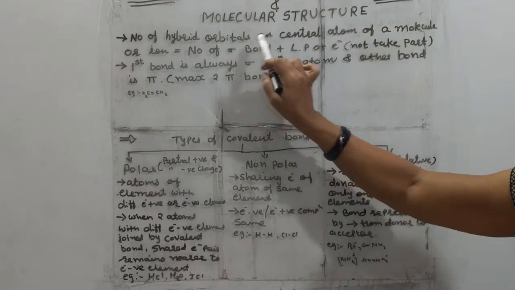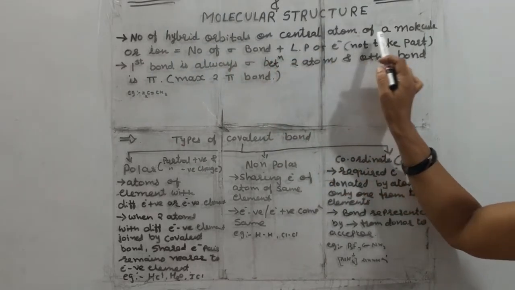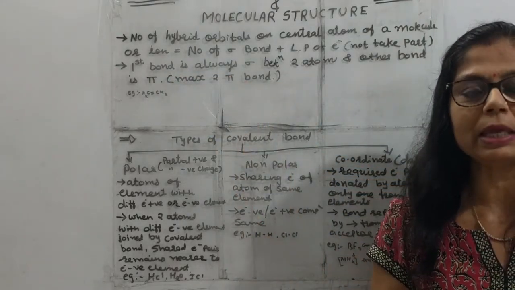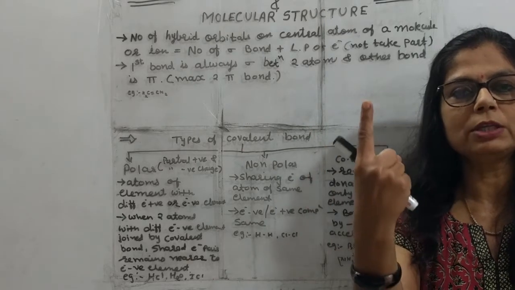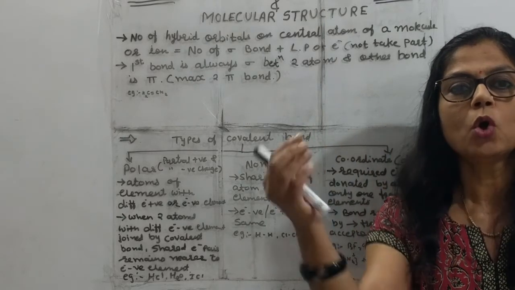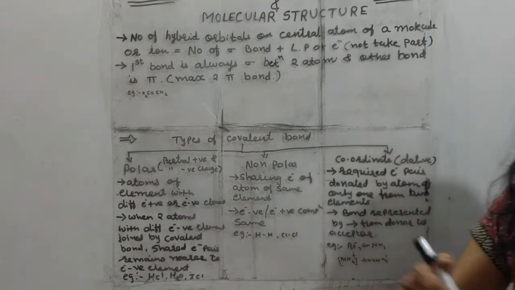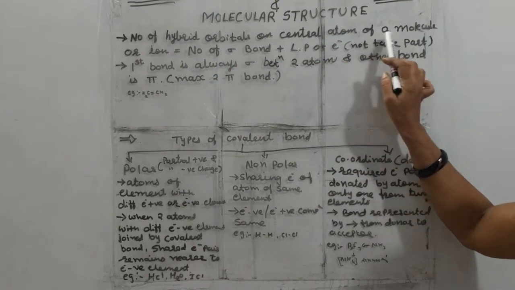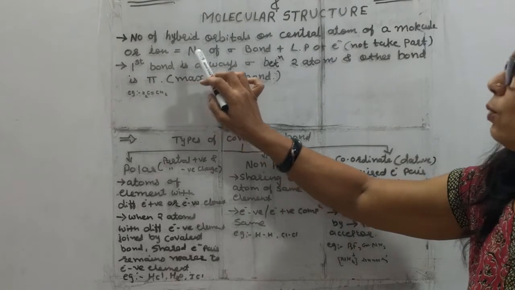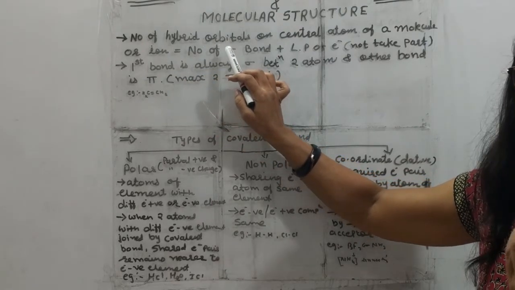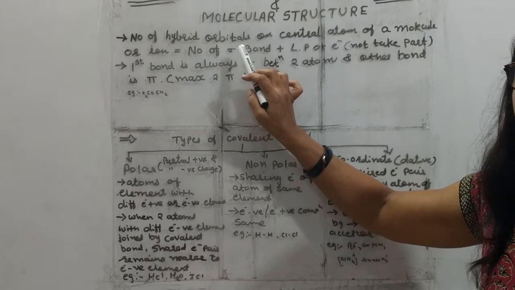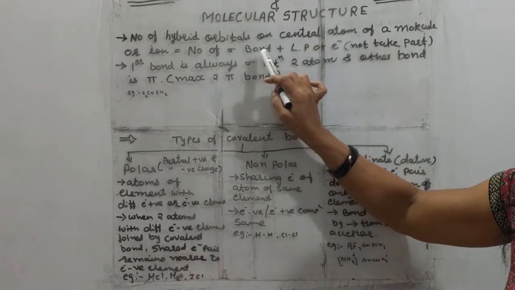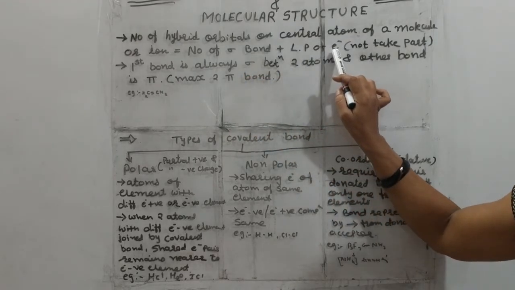The number of hybrid orbitals on the central atom of a molecule or ion is equal to the number of sigma bonds plus lone pairs of electrons.